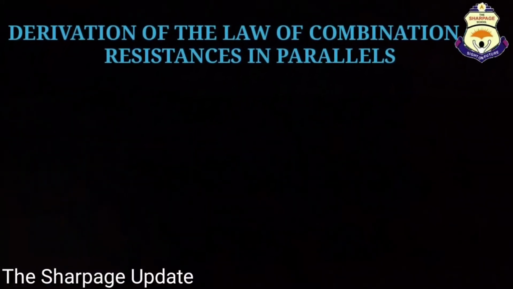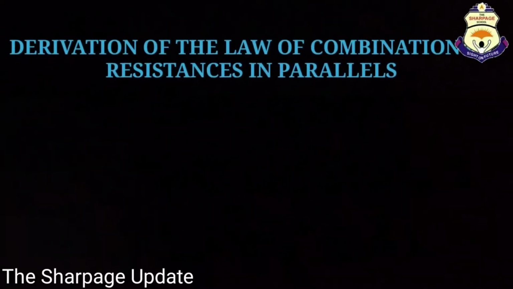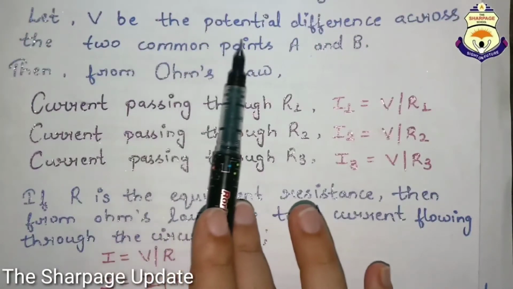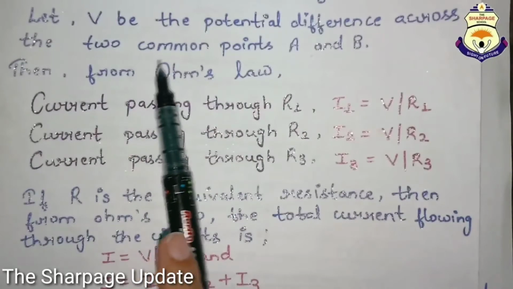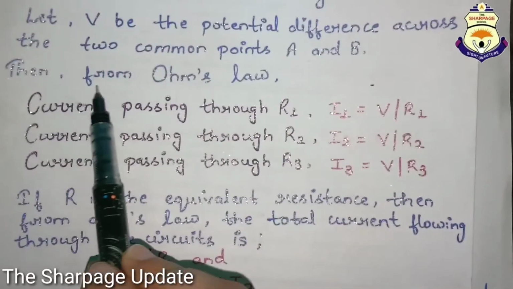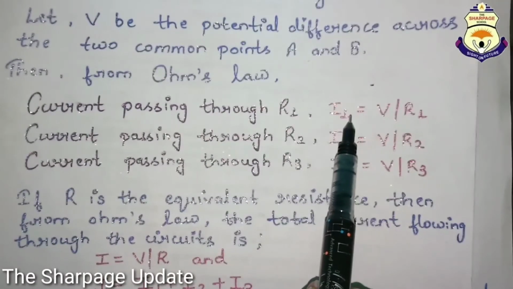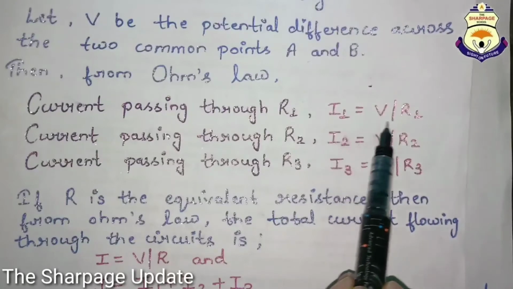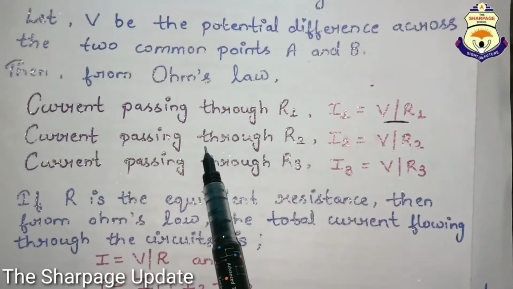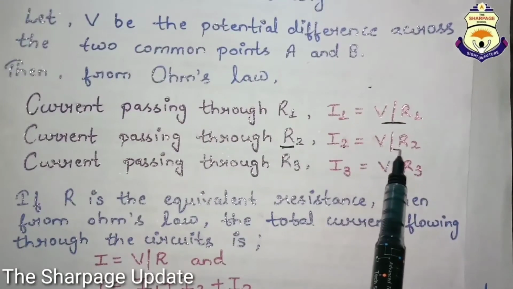Now we will study the derivation of combination of resistances in parallel. Let V be the potential difference across the two common points A and B. Then from Ohm's law, dear students, we already know V equals IR. So the current passing through resistance 1 will be I1 equals V upon R1.